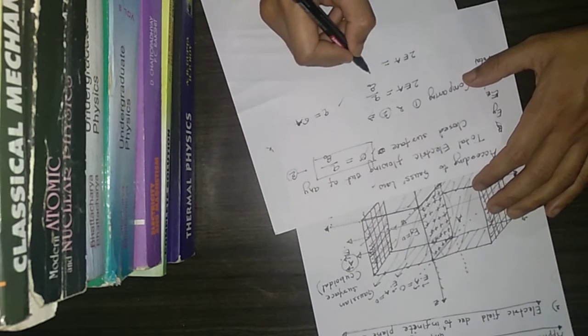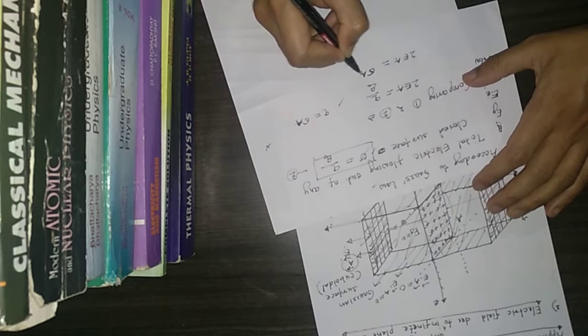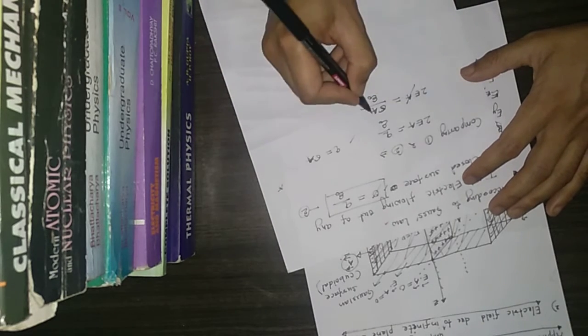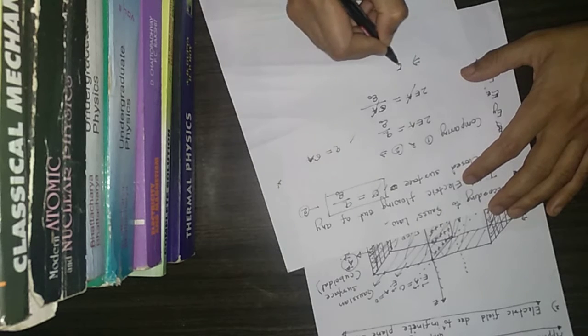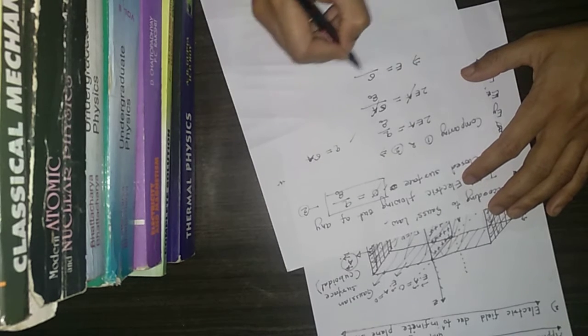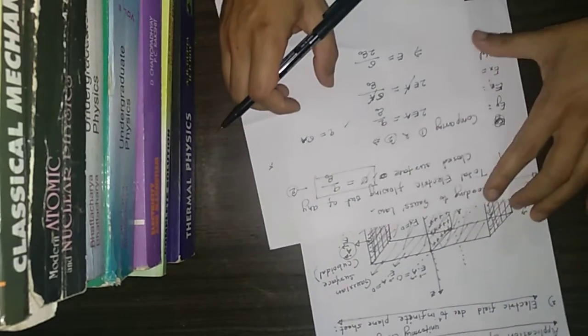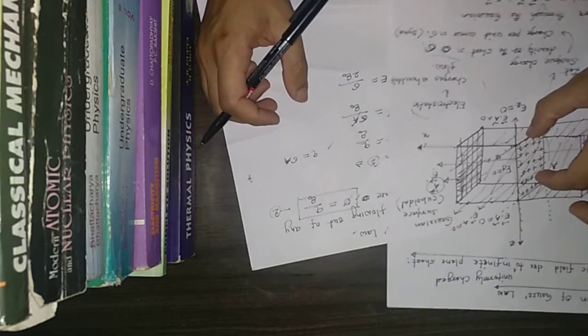So 2EA equals sigma A divided by epsilon 0. Here A and A cancel, so E will be equal to sigma by 2 epsilon 0.